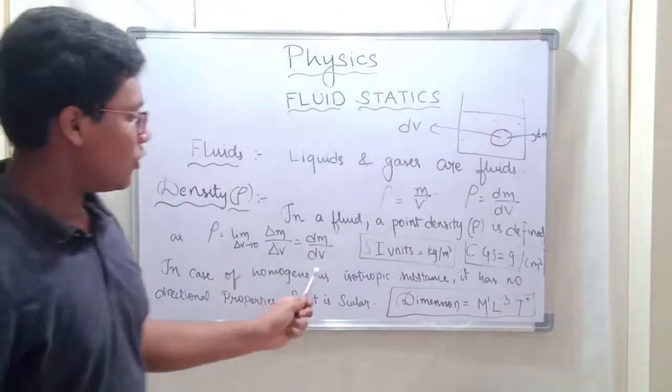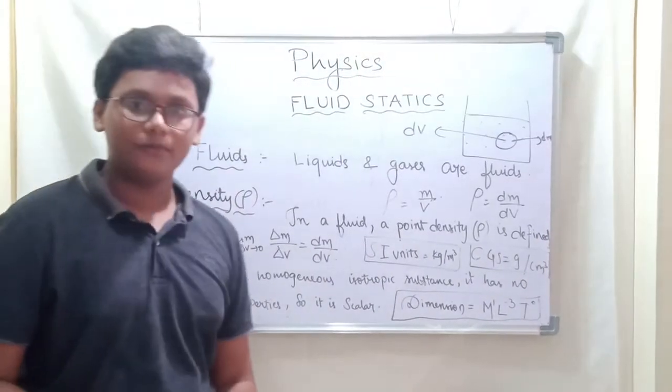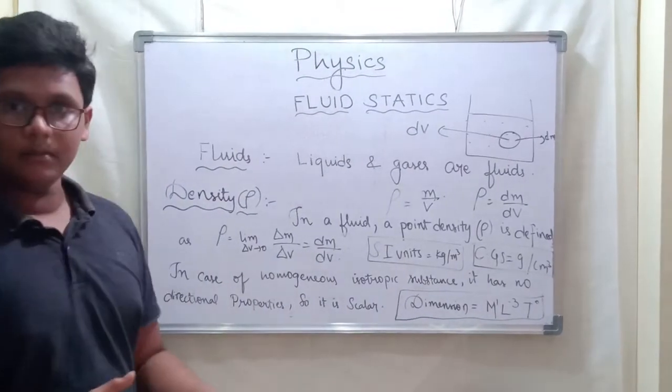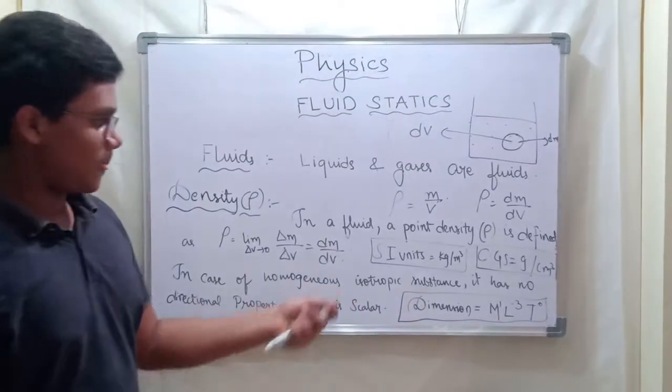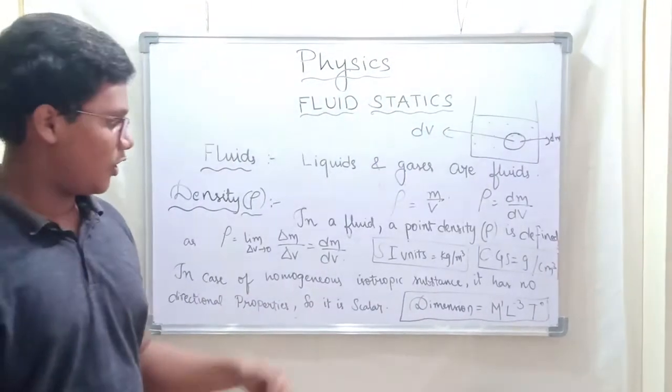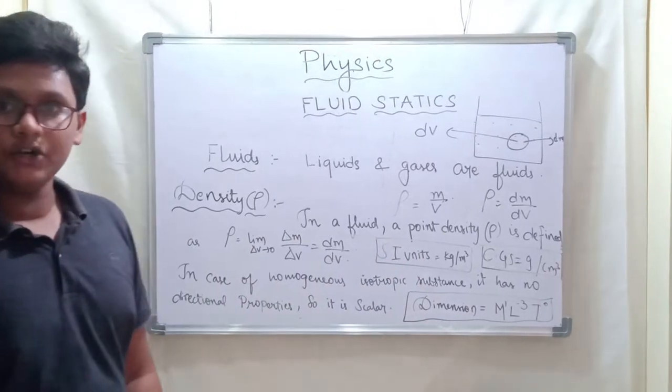In the case of a homogeneous isotropic substance, homogeneous means made up of the same parts, same elements. And isotropic means no variation of magnitude in any direction.